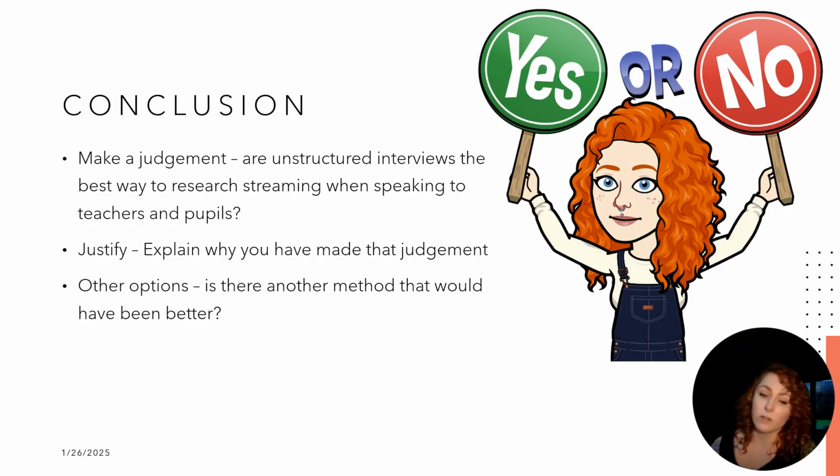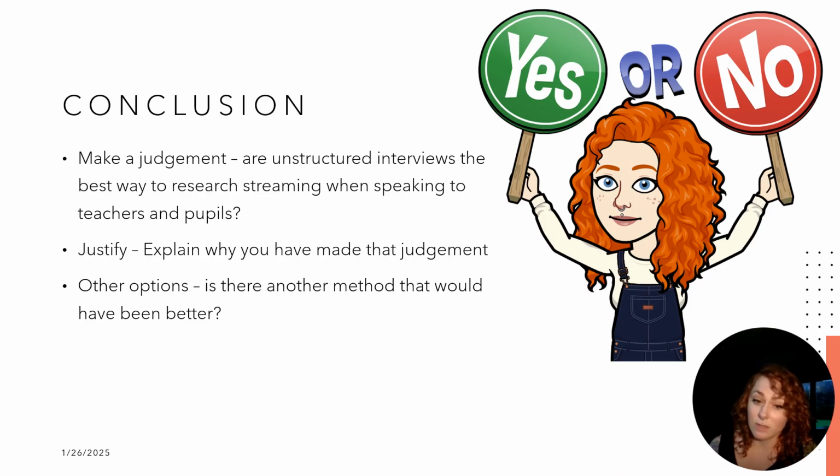That could be a better way because you aren't upsetting teachers, you aren't making them feel uncomfortable, and you're getting around those ethical issues. But I'm not saying it's the best way, because there's no such thing as the best way to do a piece of research. It's all just about justifying why you picked that method for that topic and those pupils.